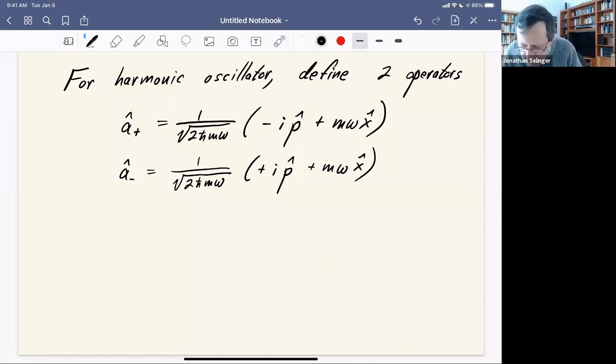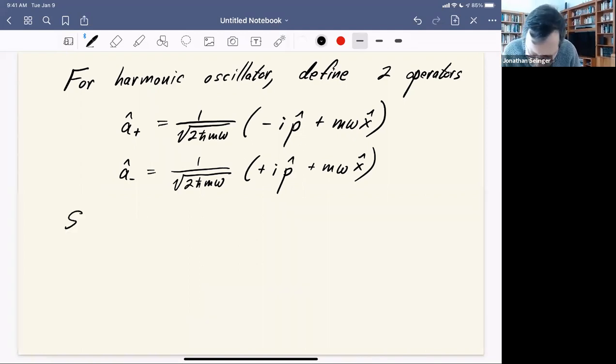In this notation, omega is the omega that comes from the spring constant. We're dealing with a harmonic oscillator that has a particular omega that goes along with the spring constant k. So here we have these two nice operators.